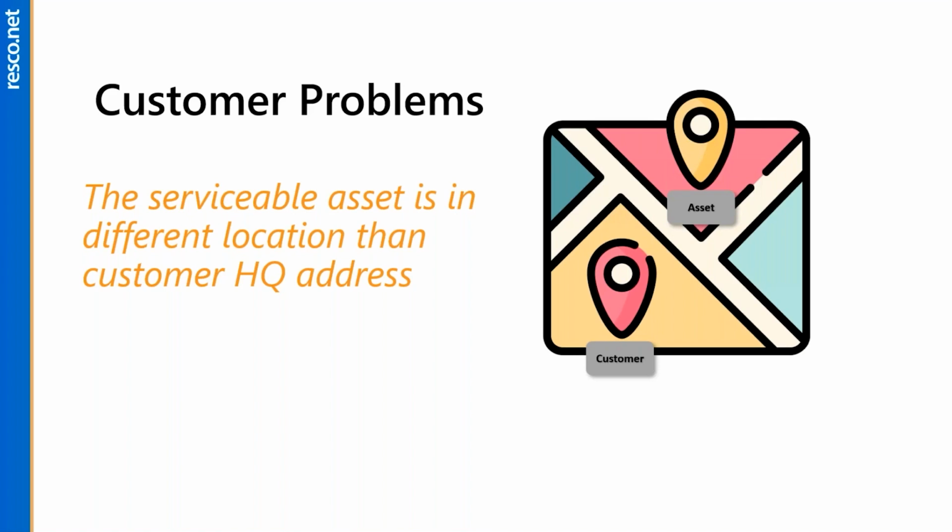Let's call these kinds of items assets, and they are located outside the official customer address in most cases. Or imagine a customer with 3 buildings within one campus, and each building with 5 floors. It can be a really complicated structure of locations, right? It might be confusing for anybody to localize what they are looking for.